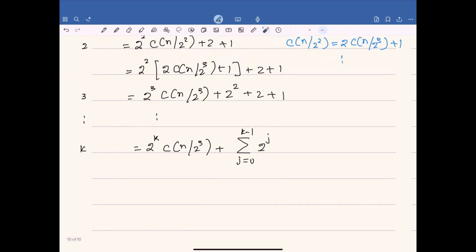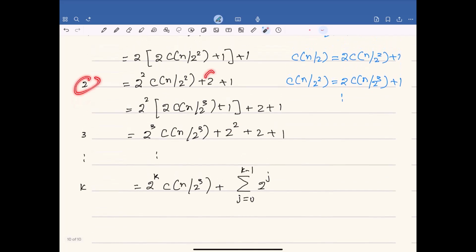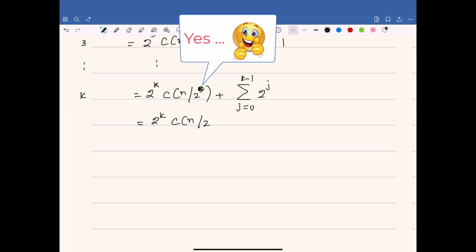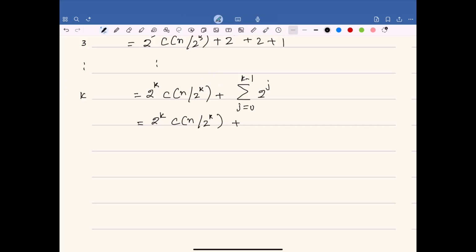Because at step 3, the last power is 2. Step 2, the last power is 1. So the last power at step k is k minus 1. And this is equal to 2^k C(n/2^k). I think I made a mistake here. I should write 2 to the power k, plus the closed form formula for this summation, which is a geometric summation. It is 2^k minus 1.